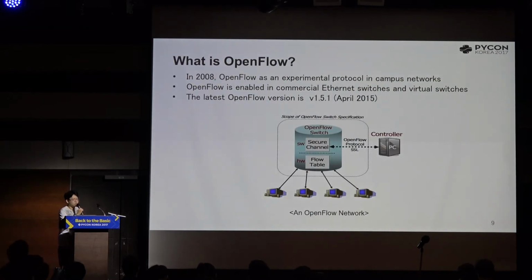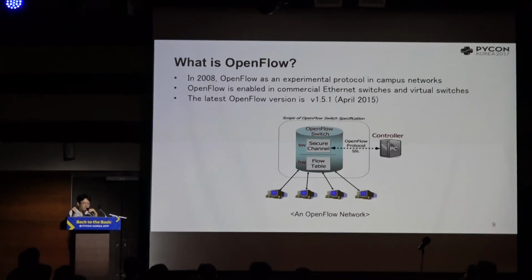Then, what is OpenFlow? OpenFlow started in 2008 as an experimental protocol in campus networks, because students and scholars had great ideas, but in order to make those ideas happen, they had to contact Cisco or Juniper Networks and ask them to make them as a firmware and put it in their device.